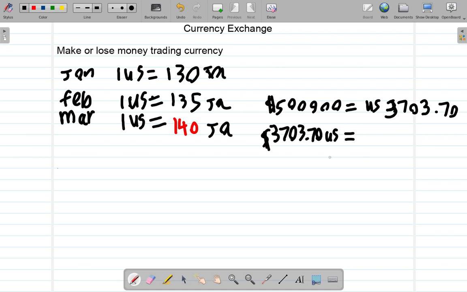If this is the case, then here you must multiply the 3703.7 if the US dollar is selling for 140 in March. Let me get back my calculator.